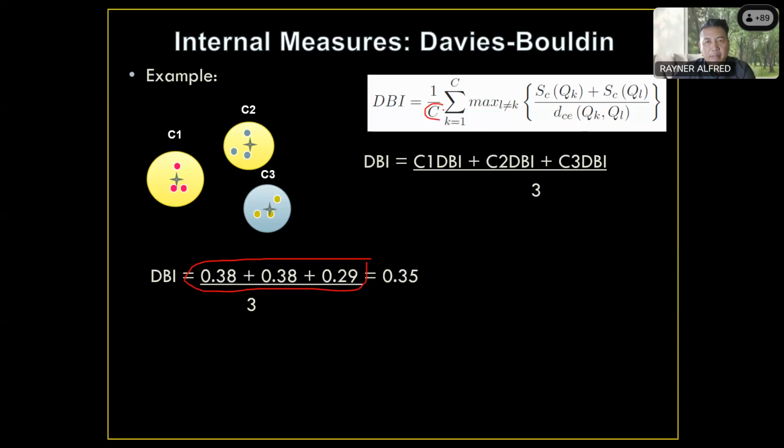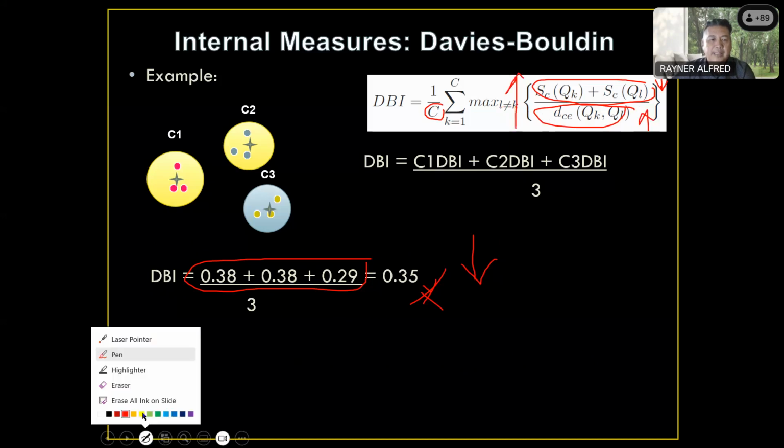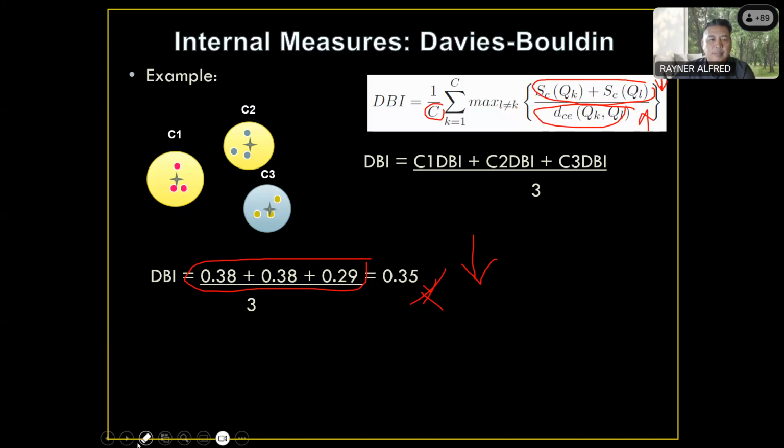So we have that average, and this is the value. We want to minimize this one because overall we want this minimized and then this one to be maximized. So the whole formula will be minimize, not that one.